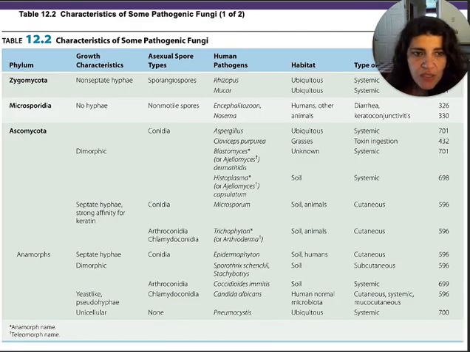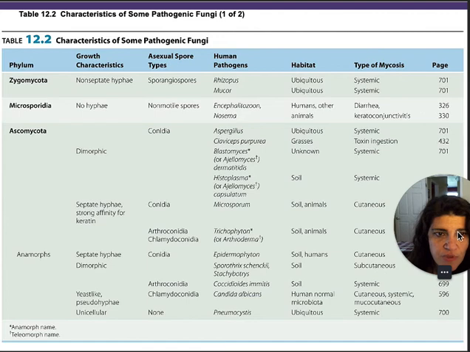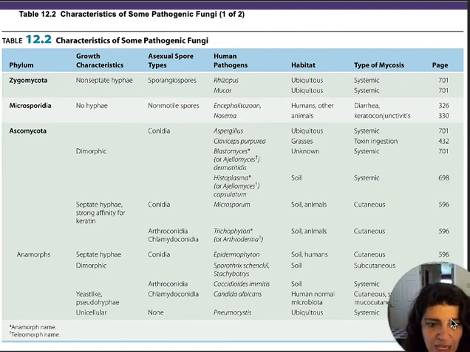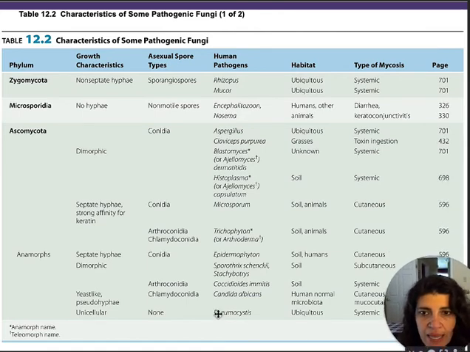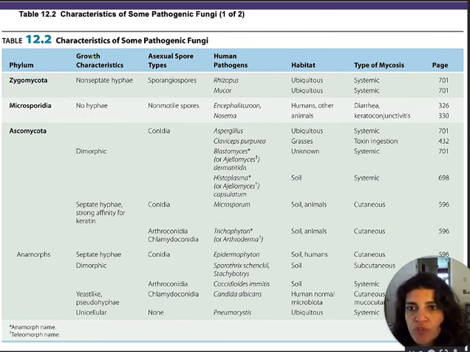So these are types. This table is from our book and it shows types of fungi and their phyla and features. So like I said, we're going to focus on the Rhizopus because the Rhizopus is a fungus that has sporangiospores, but also, I'm gonna write here, zygospores.